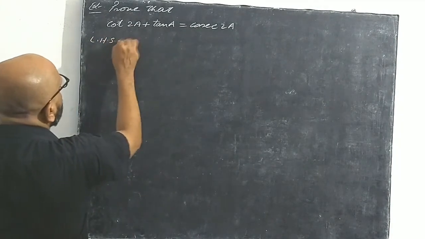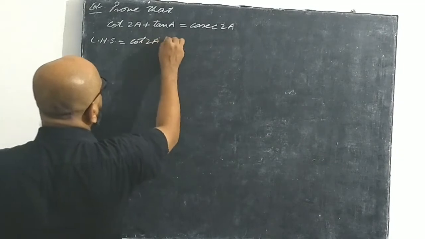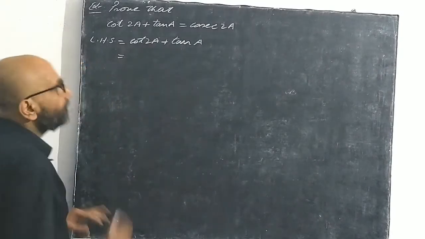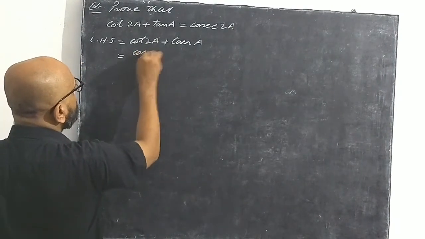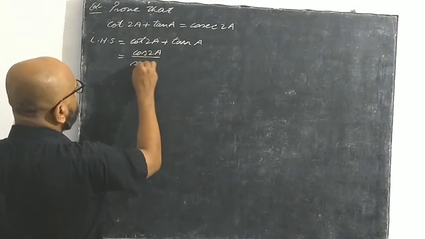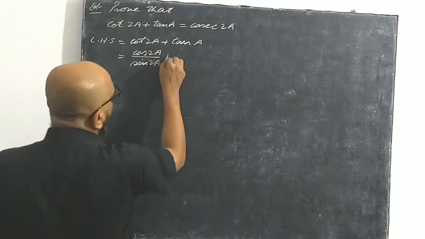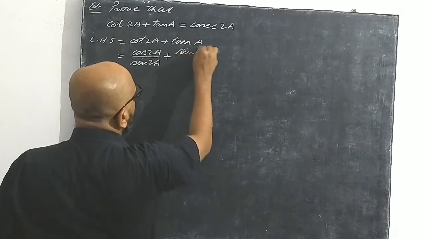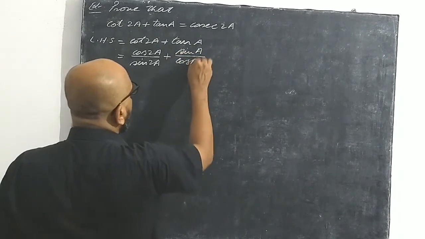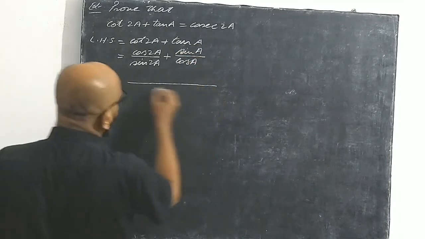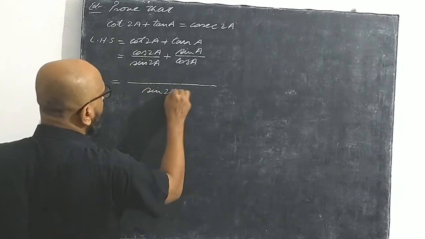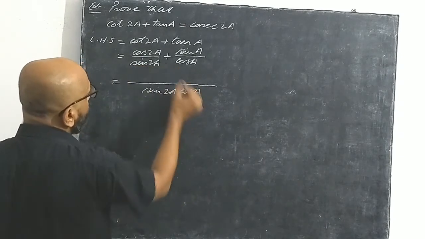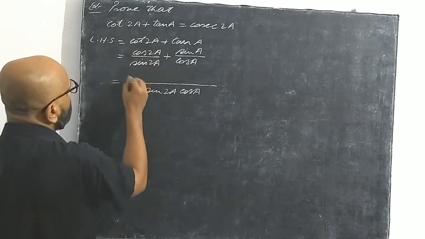Left hand side is equal to cot 2A plus tan A. As we know that cot is cos upon sine, so cot 2A may be written as cos 2A upon sine 2A, and tan is equal to sine upon cos, so tan A may be written as sine A upon cos A. So if we take the LCM sine 2A into cos A, if we divide this LCM by sine 2A, we are left with cos A, and cos A will multiply the numerator cos 2A.